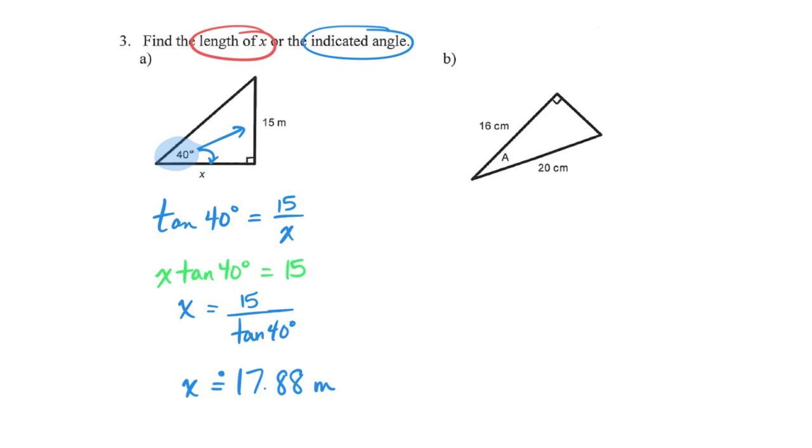Hopefully yours matched up. Okay, let's jump into B. If you don't have a solution to B, then pause it now and work your way through. Otherwise, we're going through together. Same thing, we are noting there's the angle you are looking for, angle A. From that angle A, that's your hypotenuse, that's your adjacent. Adjacent and hypotenuse is cos.